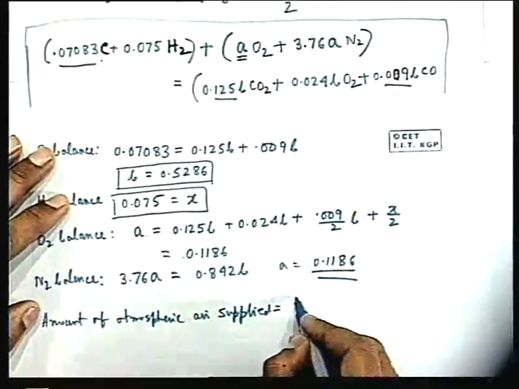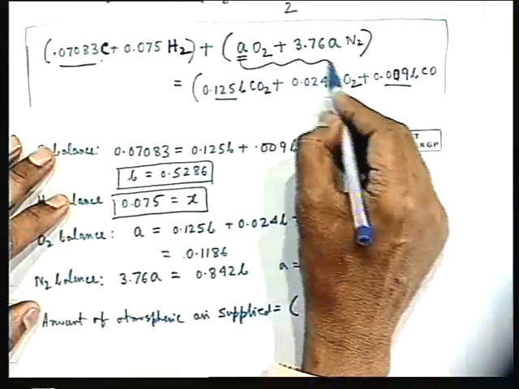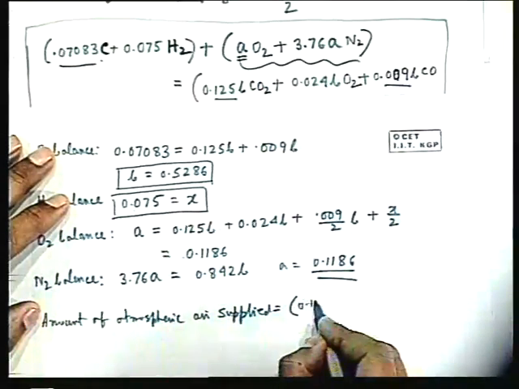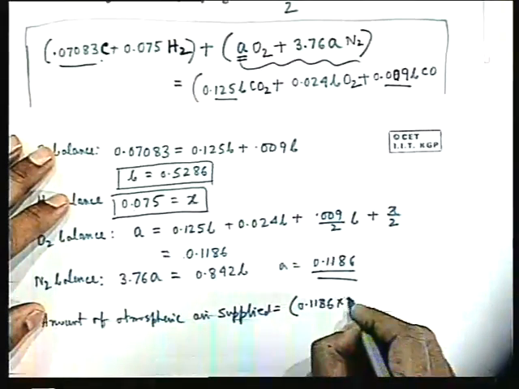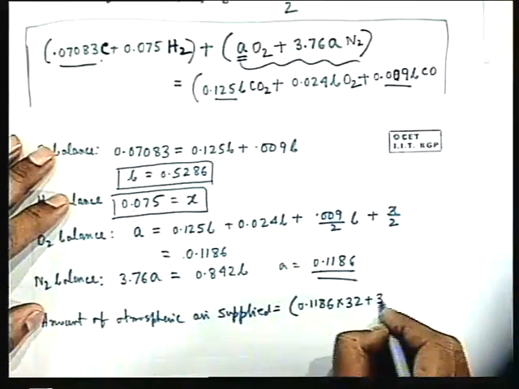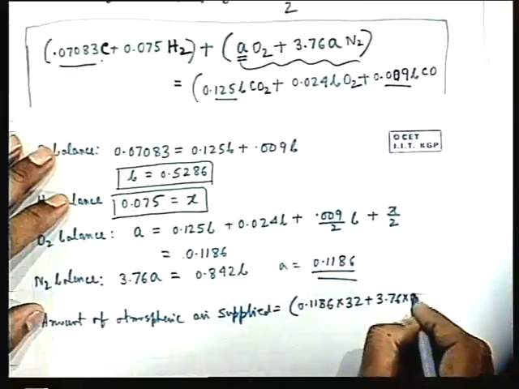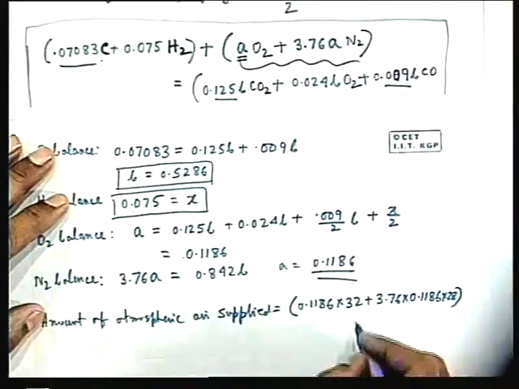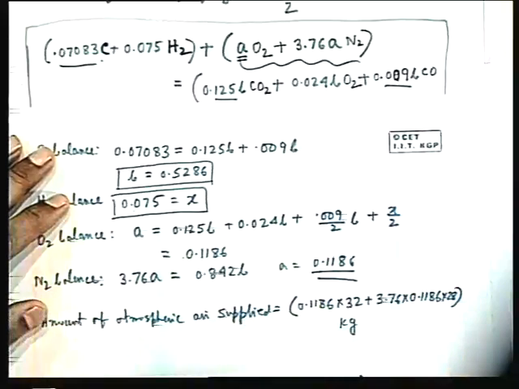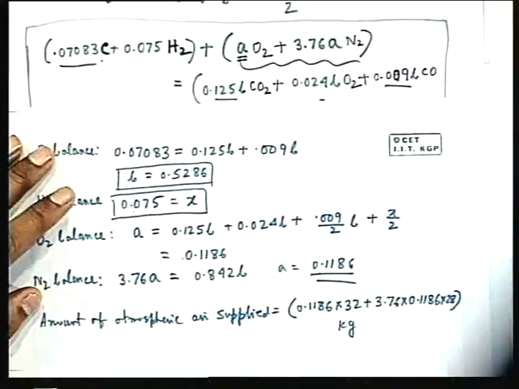Simply put A, this is the atmospheric air. That means 0.1186 O2, now you put the molecular weight 32, plus 3.76 into 0.1186 into 28. That gives kg of dry air supplied per kg of fuel. So this part is very simple.